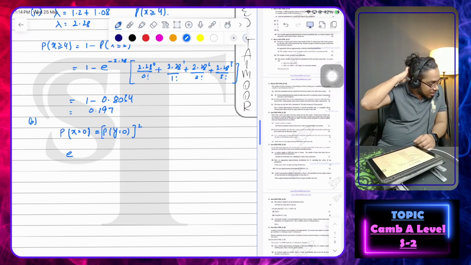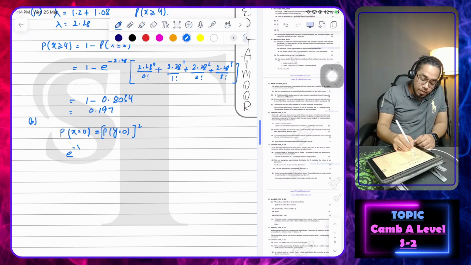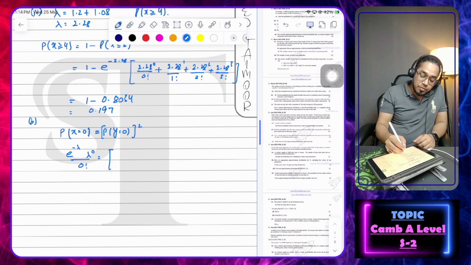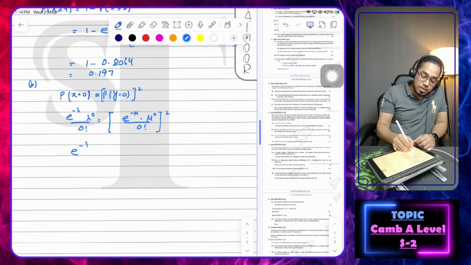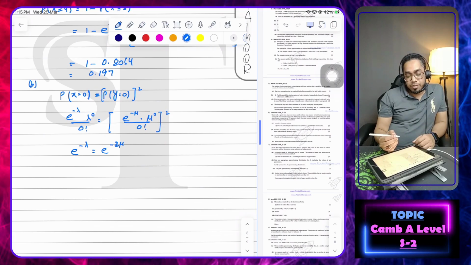Exponential minus lambda to the power 0 divided by 0 factorial is equal to exponential to the power minus mu into mu to the power 0 divided by 0 factorial, all to the power of 2. So exponential minus lambda will be equal to exponential minus 2 mu, because nothing will be remaining.